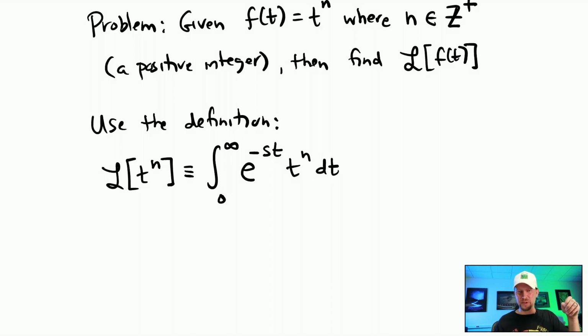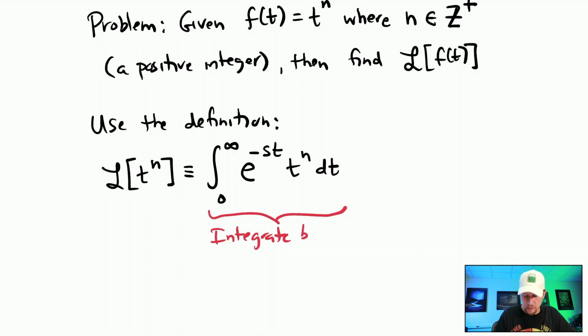And in fact, when it comes to Laplace transforms, in calculating all of the Laplace transforms that you can find in tables, this trick is actually going to end up being extremely, extremely useful. This type of integral, we're actually going to integrate by parts.